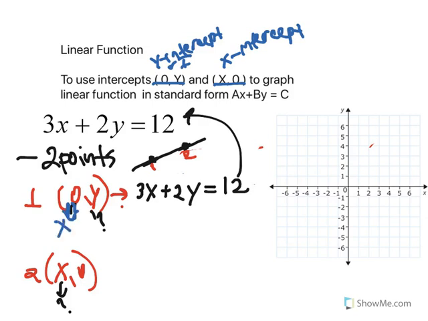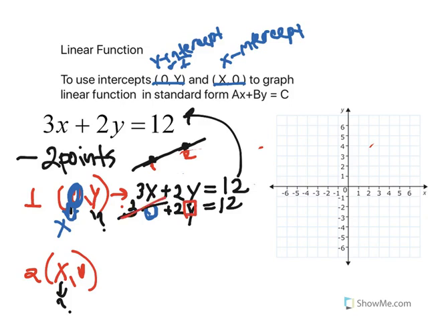So instead of this x, I'm going to plug in 0. So I have 3 times 0, plus 2y equals 12. 3 times 0 is 0, so this is gone. Now all I have to do is solve it for y.